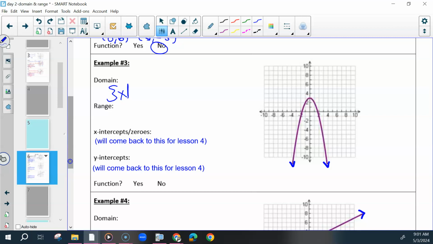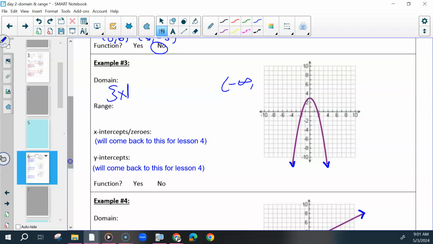I have to imagine that this keeps going down and left forever and ever, and keeps doing the same thing in the other direction. So where would this start? If it keeps going down and left, negative infinity. Where would it end?